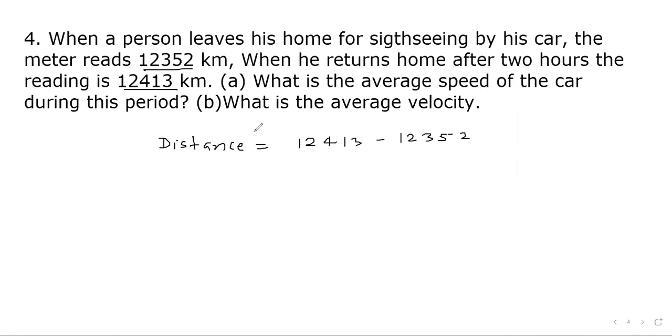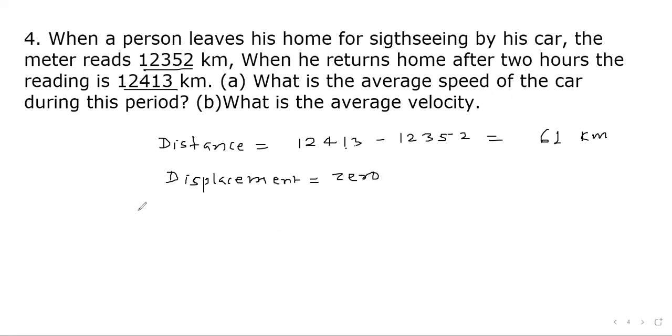We can find the difference. It will be 61 kilometer, and displacement will be 0 because the body comes back. This is 0.